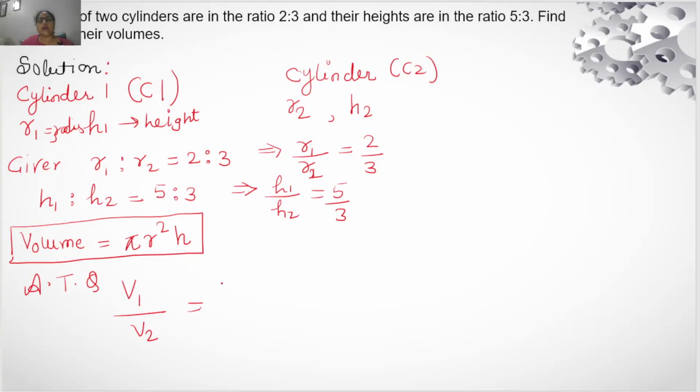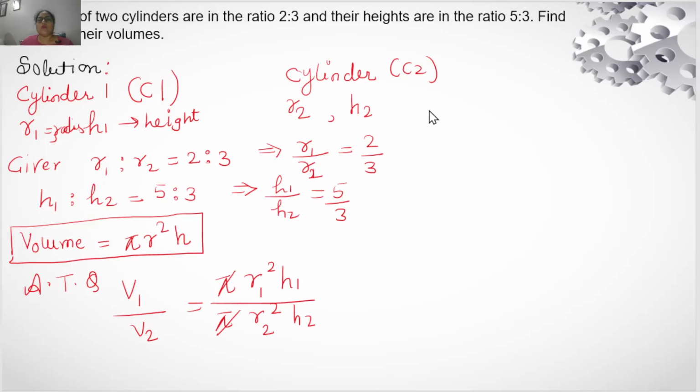That means pi r1 square h1 upon pi r2 square h2, that we are going to find out. So just cut them. Pi to pi will cut.